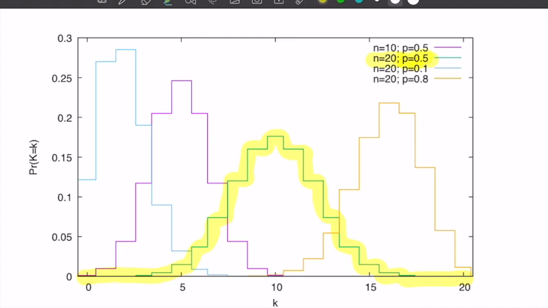The probability for k equal to 1 up to 3 are almost negligible, and also for this one from 20 down to about 18 or 17, those probabilities are very small. And the maximum probability is obtained when k is equal to 10, and this distribution is symmetric around 10.